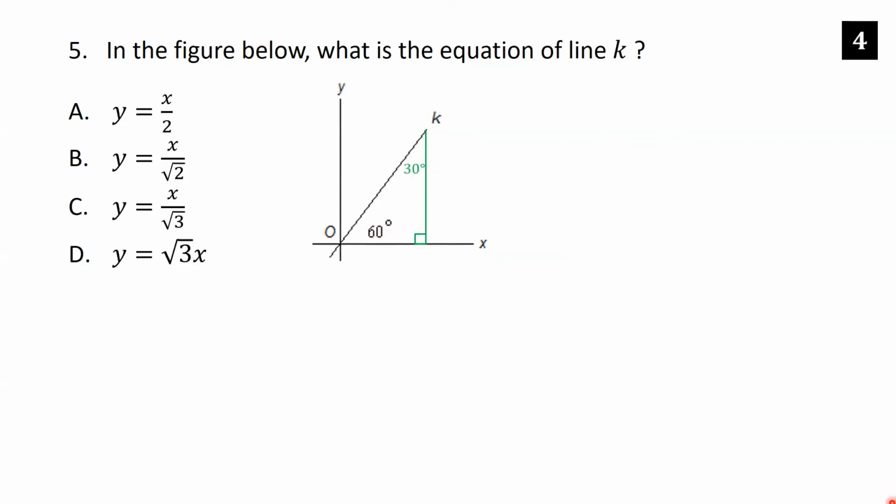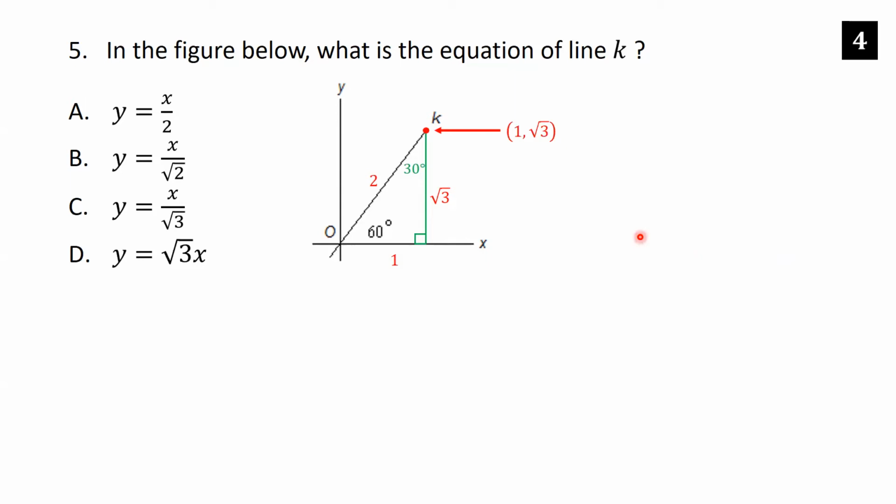All right, so let's just label the side opposite the 30 with a 1. We could actually pick any number we want here, but 1 is a nice, simple, natural choice. And it follows that the hypotenuse has length 2, and the side opposite the 60-degree angle has length root 3, just because it's a 30, 60, 90 triangle.